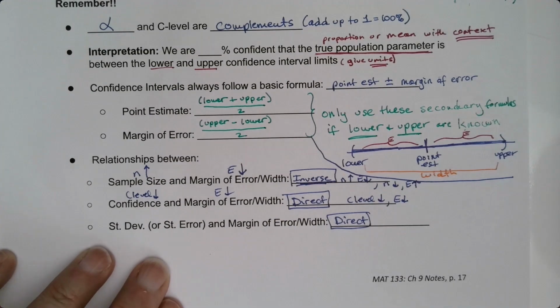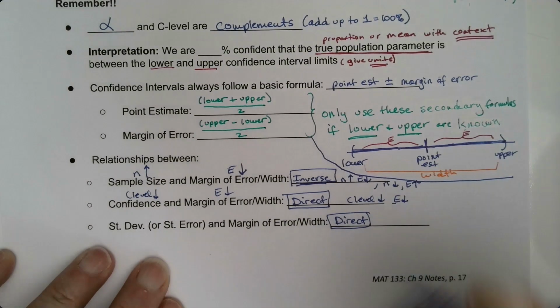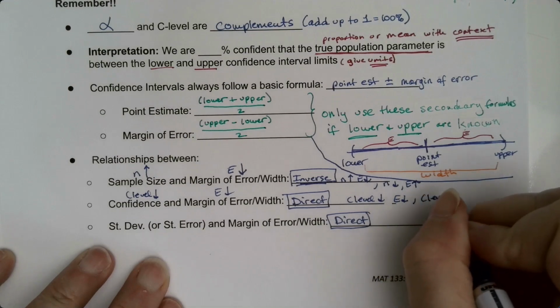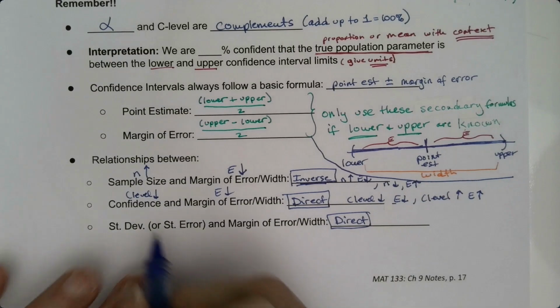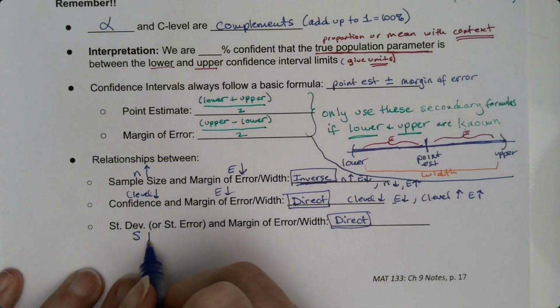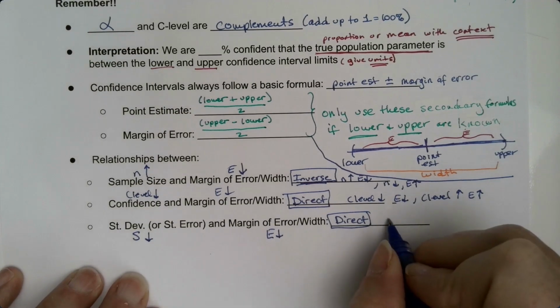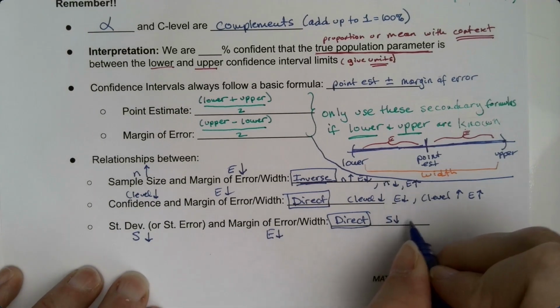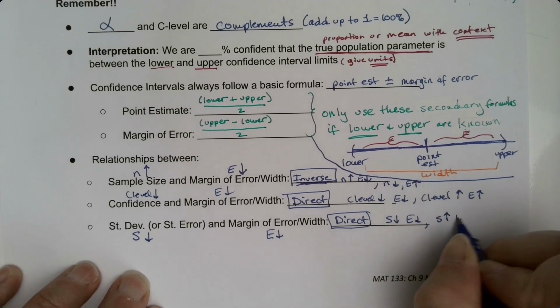If C level goes up, error goes up. They have a direct relationship. And then down here, this is standard deviation. This is S. If S goes down, error goes down. If S goes up, error goes up.